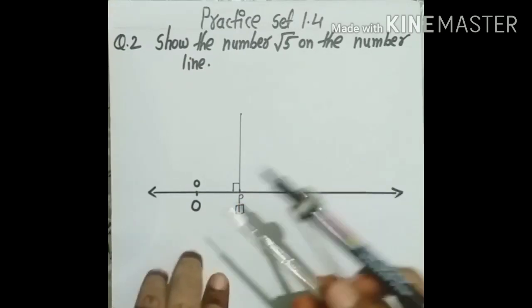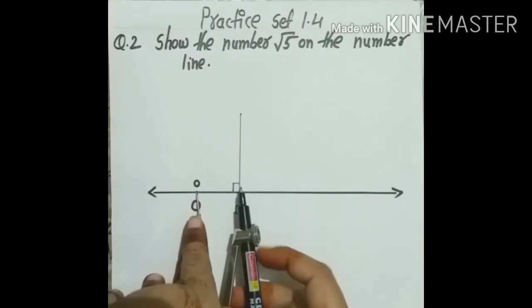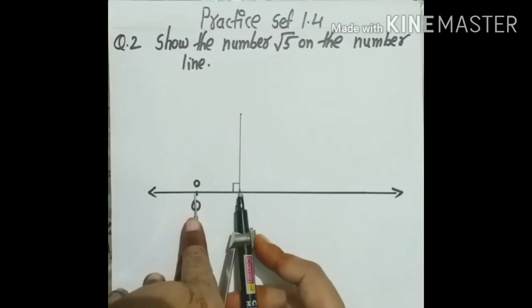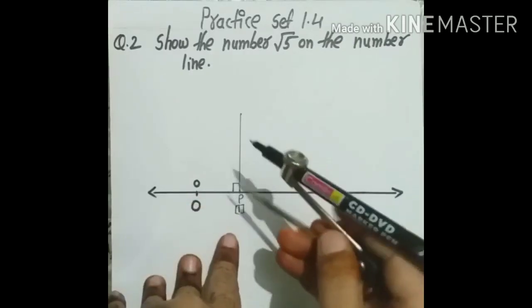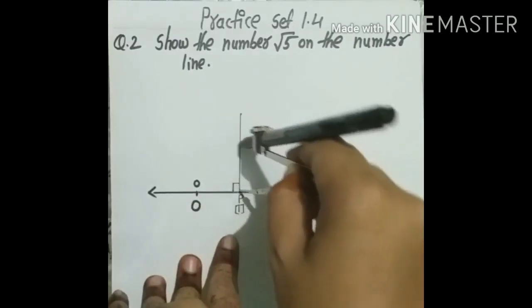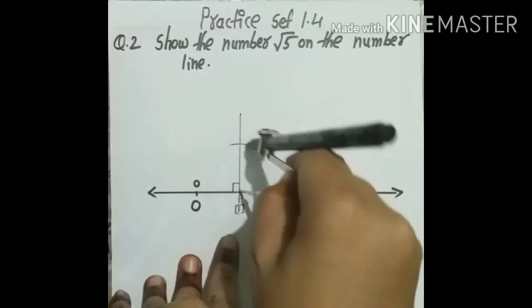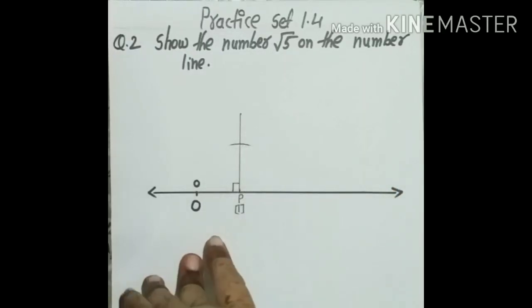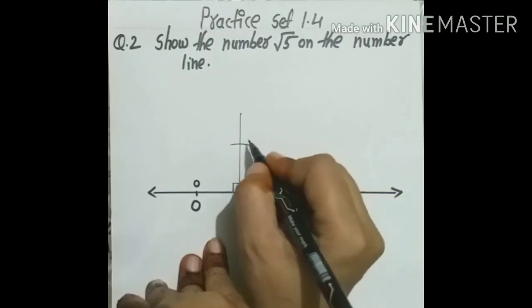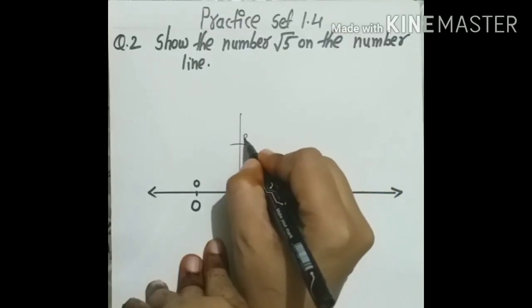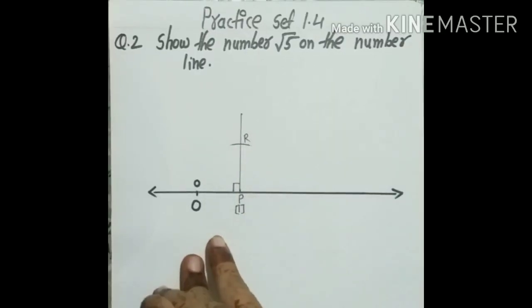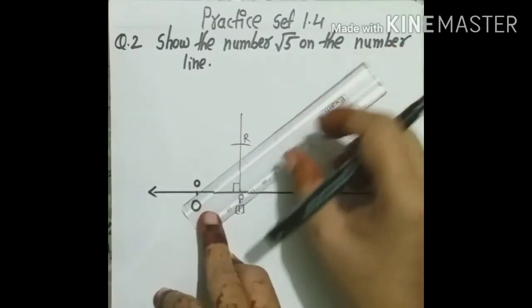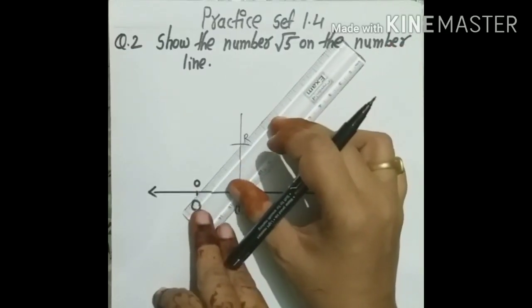Take the same 3 centimeter with your compass. Keep it on P and draw an arc. Now here at the arc, give the name R, and join this R and O.